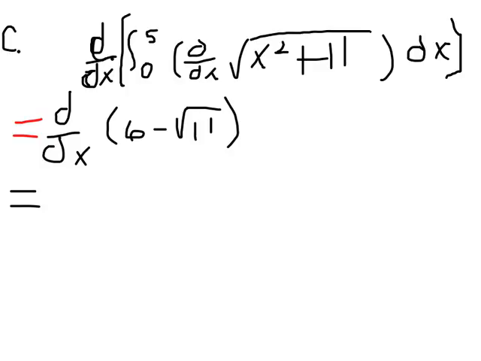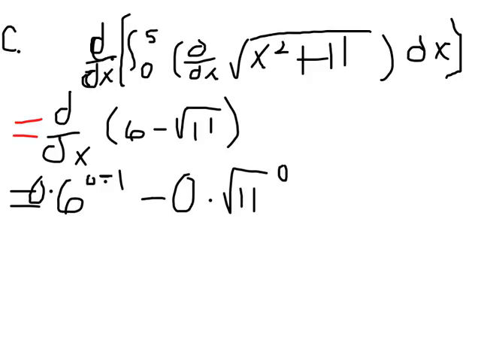This is equal to 6 to the 0 minus 1, bringing down this previous 0, so we have 0 times 6 to the 0 minus 1, minus, bringing down the exponent, which is 0, times the square root of 11 to the 0 minus 1.